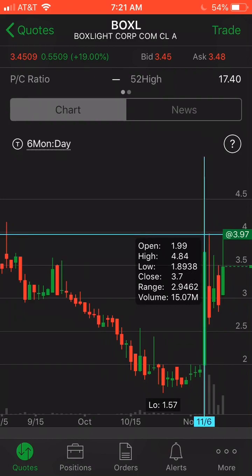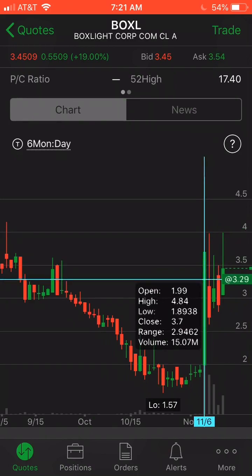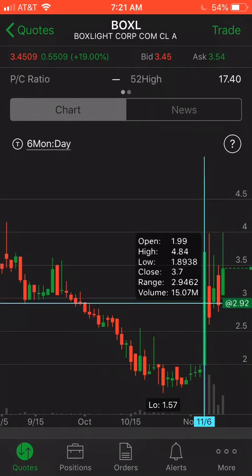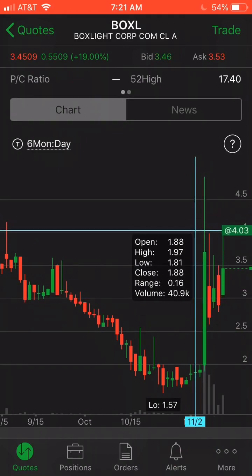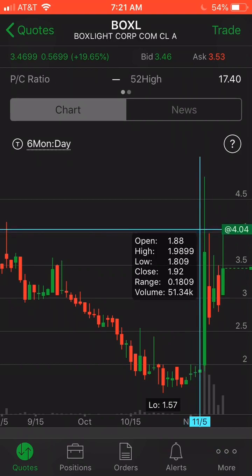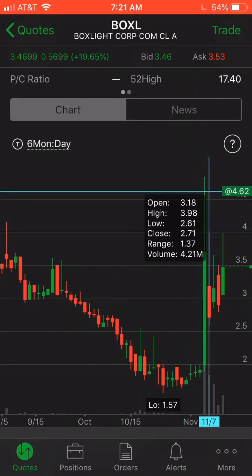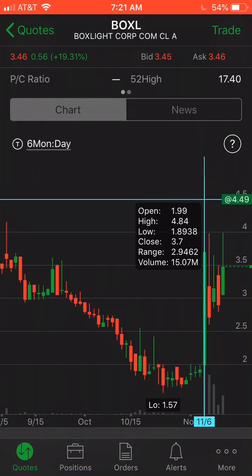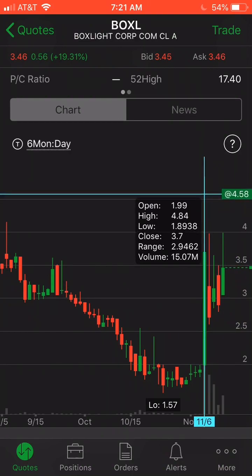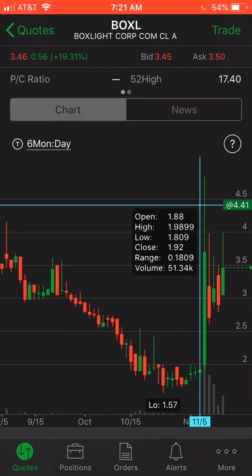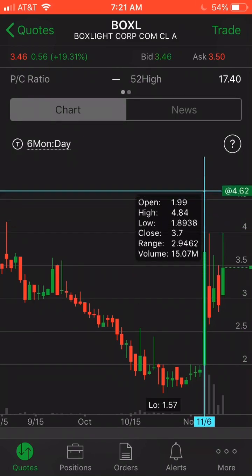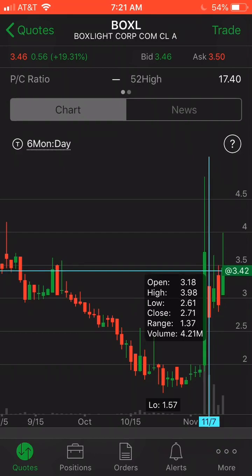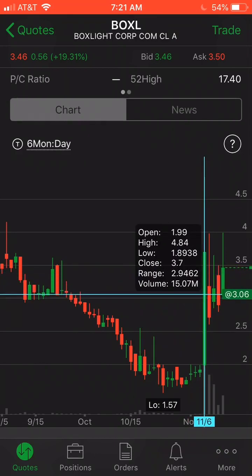Then the next area of resistance will be in the high fours. That's maybe just about a 10 to 20% profit range if it goes over the fours.